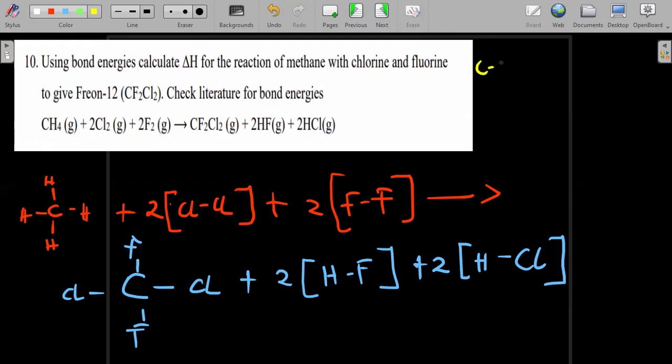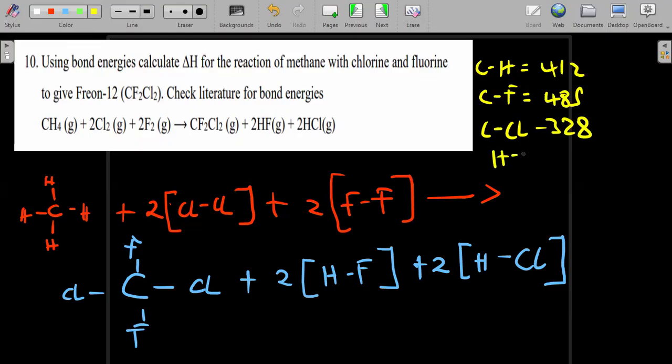If it's a CH bond, it has 112. You can check this at the back of your textbook. The CF bond has the value of 485. C to Cl has 328. And then we also have HCl.